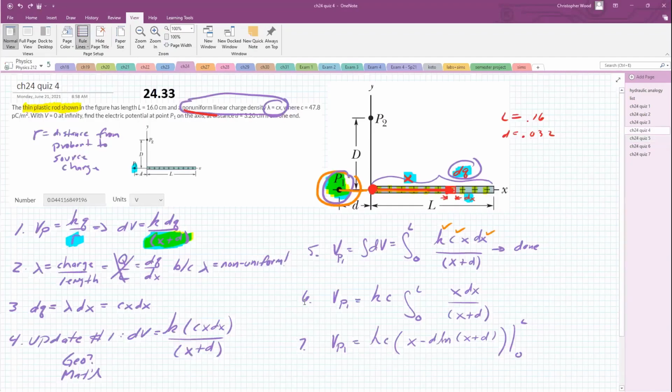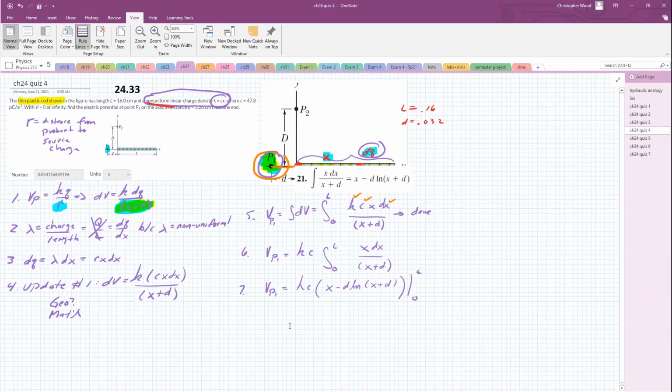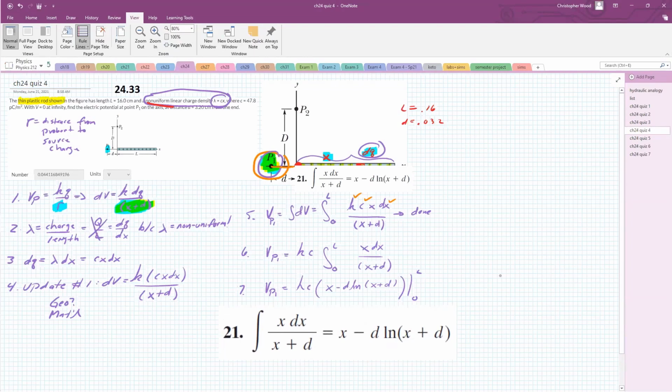So right here, I'll paste it. This is from the table. When you get an integral in this form, you would either know how to do it using integration techniques, or you would just look it up.